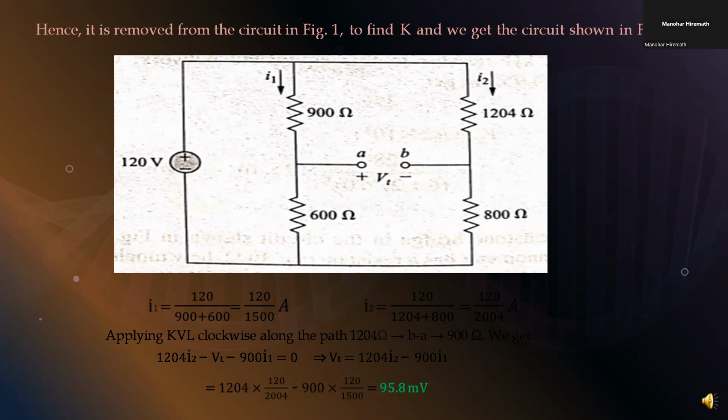There are three loops in the circuit. Assume the first loop as I1, the second loop as I2, and the third loop as I3. First let's consider I1 and I2.